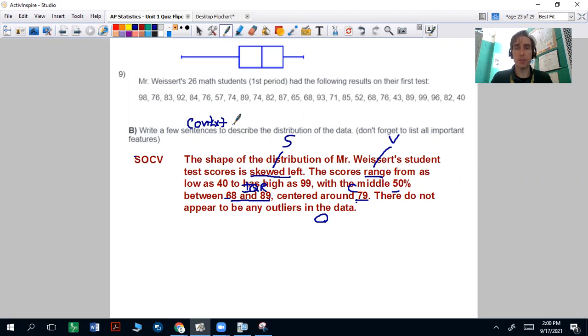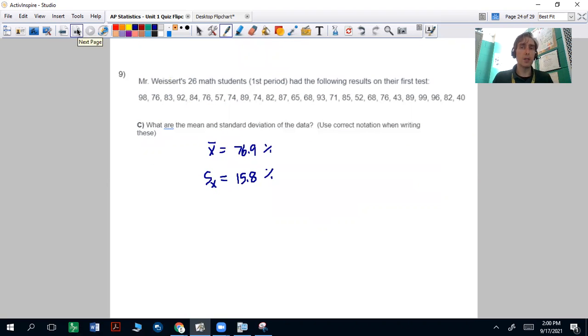The middle 50% is from 68 to 89, centered around 79. There don't appear any outliers. Context is so important in statistics because you got to know what you're talking about. You can't just throw numbers out there and assume people make sense. So always throw context in there. Back to this. Notation. This is your notation, right? That's all there is to it.